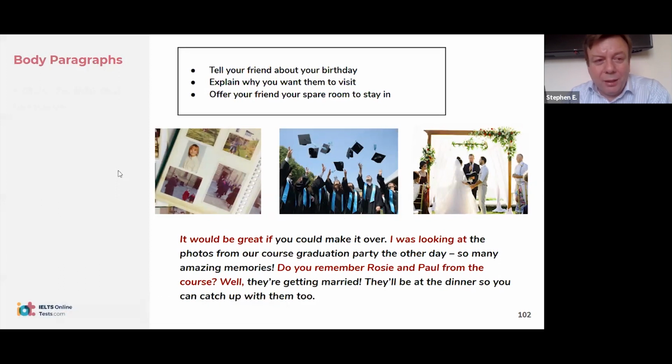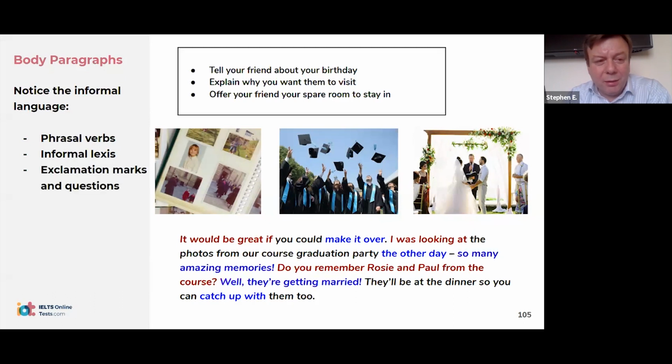Okay. So again, have a look at the informal language. We've got phrasal verbs, make it over, catch up with them. Informal lexis, I was looking at, the other day. Exclamation marks and questions. So, well, they're getting married. Do you remember? And there's a question mark. Amazing memories.